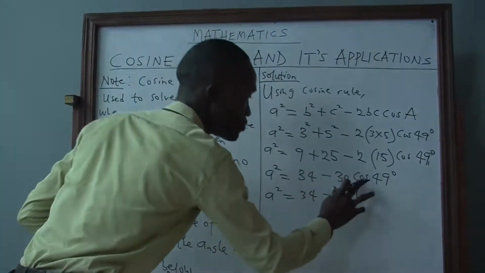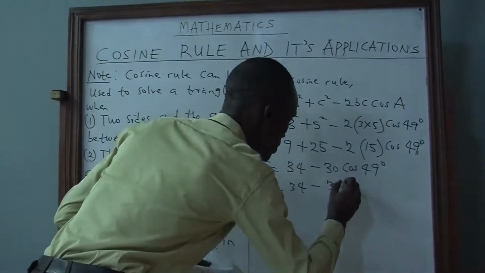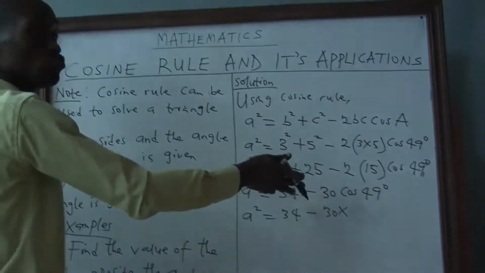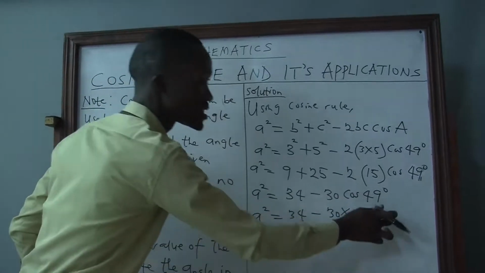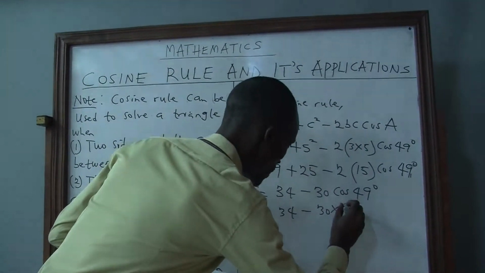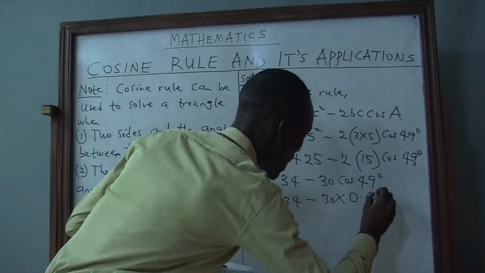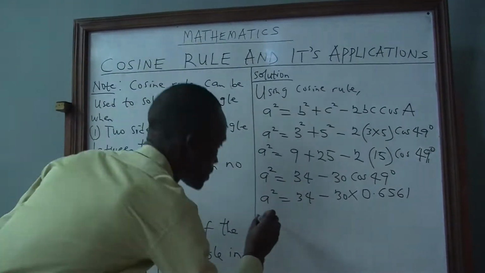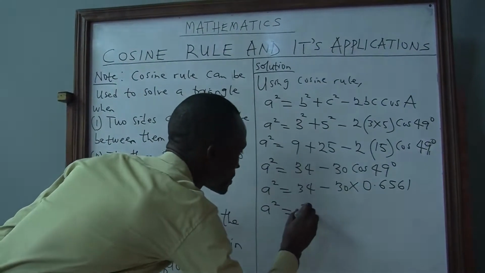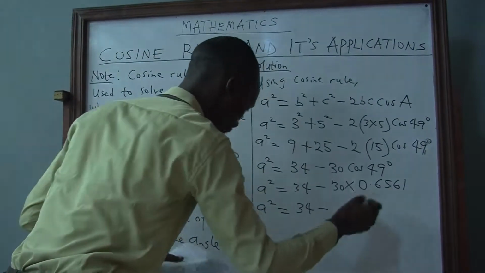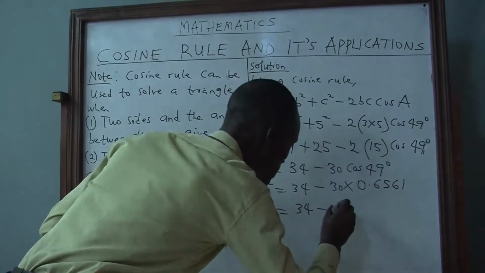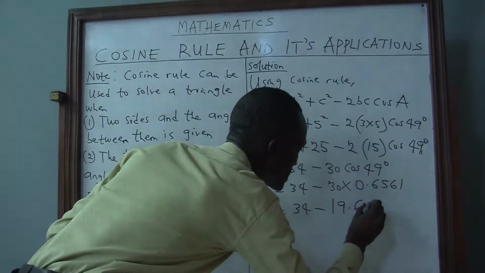From our 4-figure table, cos 49, you go to cosine and you check 49 under 0. So by doing that, we have 0.6561. So a square will be 34 minus, so 30 multiplied by 0.6561 will give us 19.68.